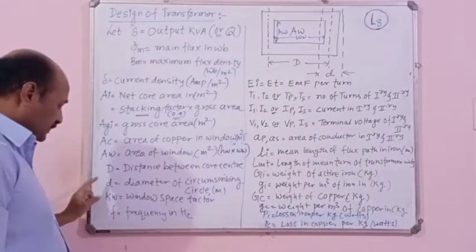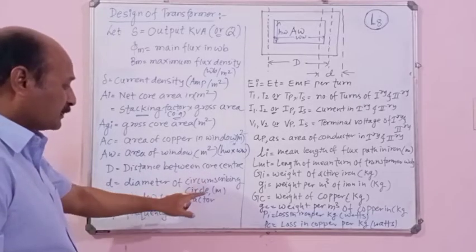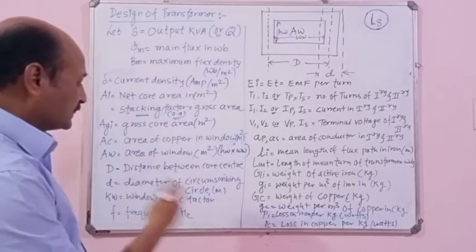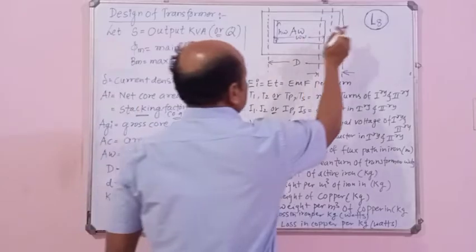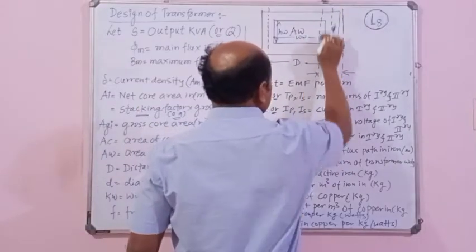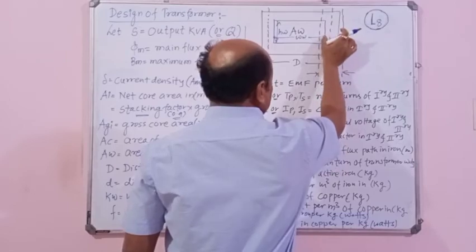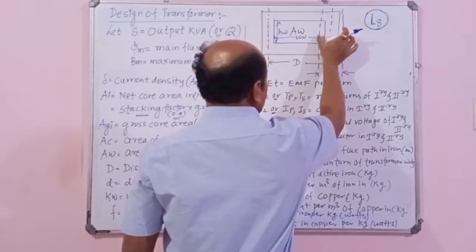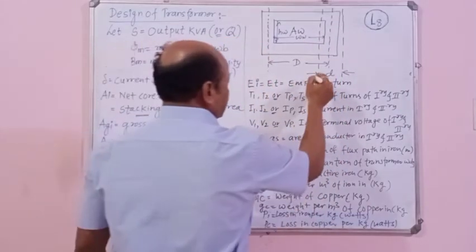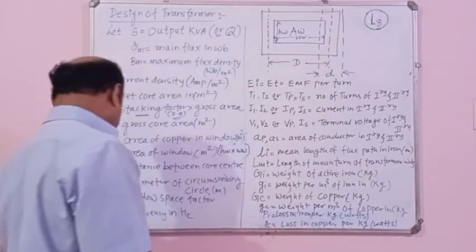Then small d. Small d is the diameter of the circumscribing circle. So this is the circumscribing circle, these two dotted lines around this limb. This is denoted by small d.